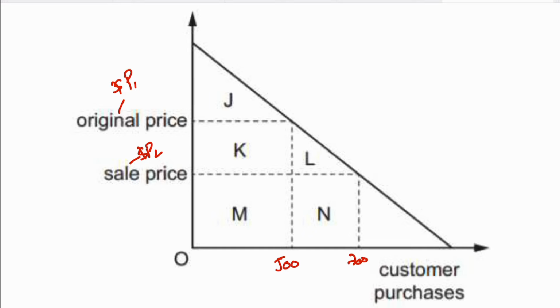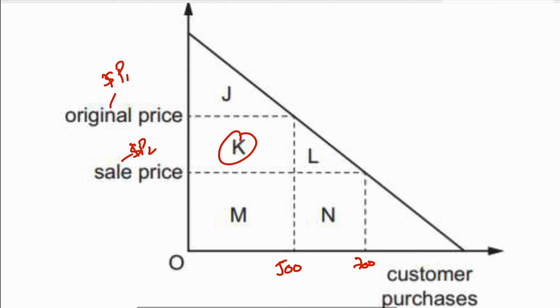So area K represents the consumer surplus gained by those 500 people who were already willing to pay a higher price, and were okay with paying P1, and still had a consumer surplus of area J at P1. But now as the price goes down, they witness a rise in consumer surplus of area K as well, right?